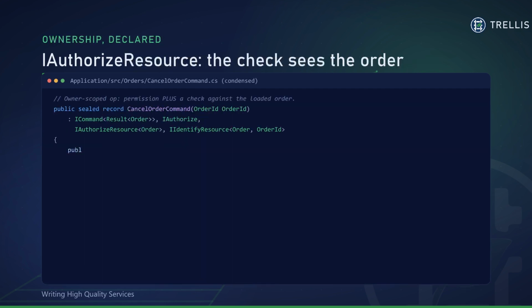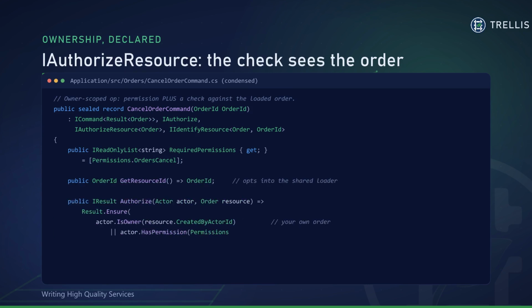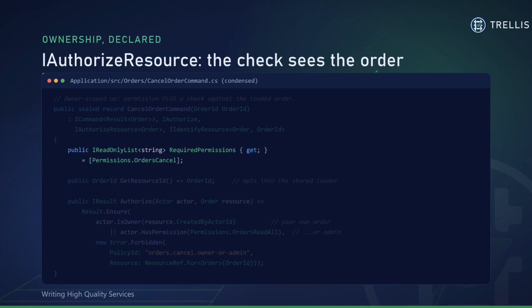And here's the resource check. CancelOrderCommand needs the orders:cancel permission, the coarse gate, and then it implements IAuthorizeResource, which hands the rule the loaded order. The condition is exactly the sentence from the matrix. You may cancel this order if you are the actor who created it, IsOwner against CreatedByActorId, or if you hold read all, the admin permission.